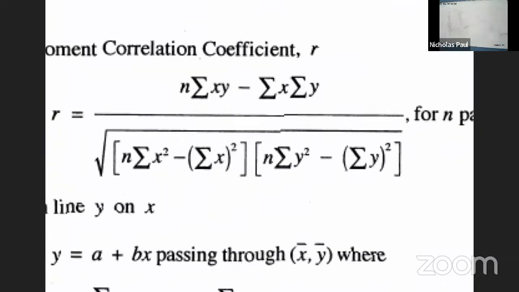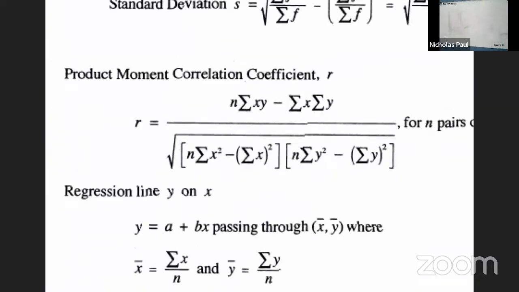All you have to do here is know what N is. Just find sum of XY, sum of X, sum of Y, and then plug everything in here. It's a little harder to remember, but basically they're giving you this, so it's just to be able to use it.